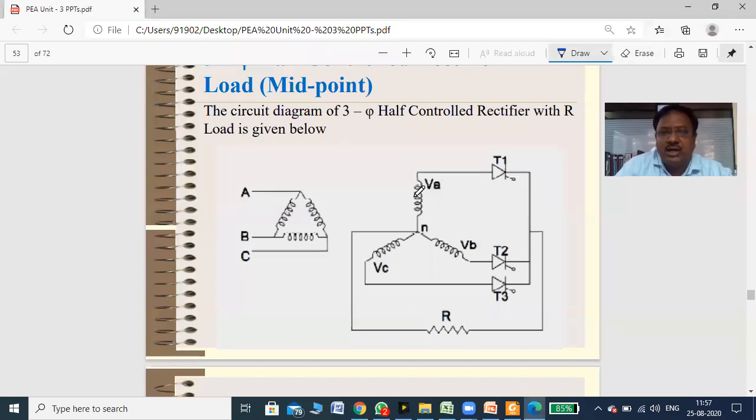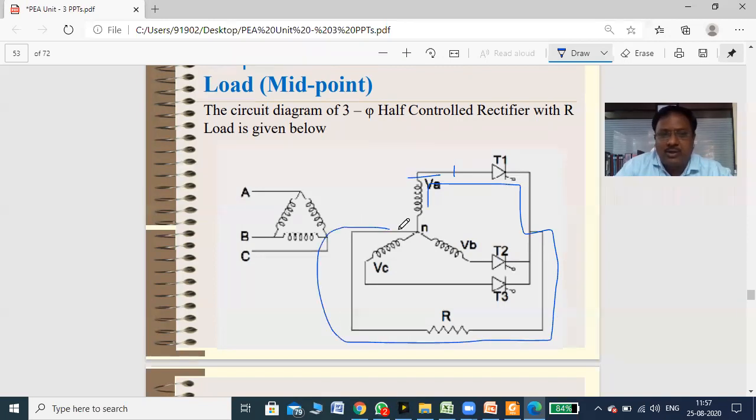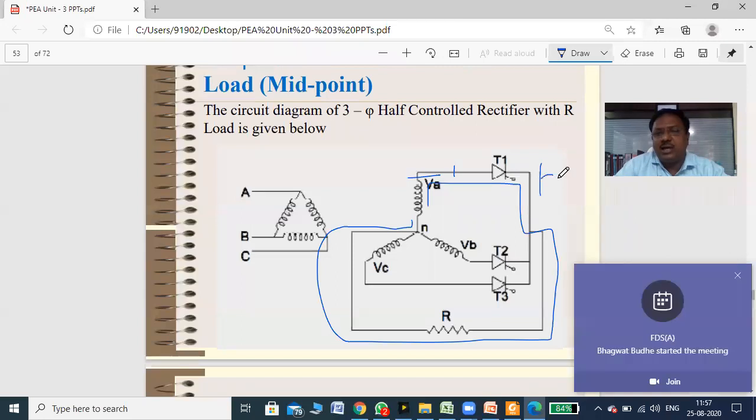If the voltage VA is maximum positive compared to C and B, then T1 is in forward bias condition, so current flows through T1, then R, and then back to the neutral. That time you get a pulse as the output.